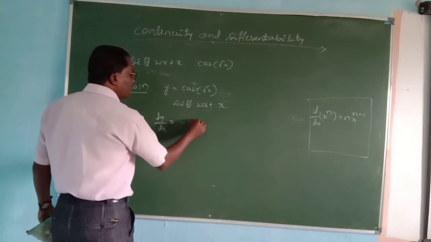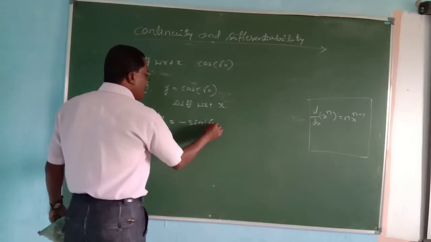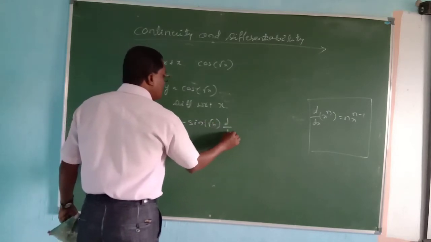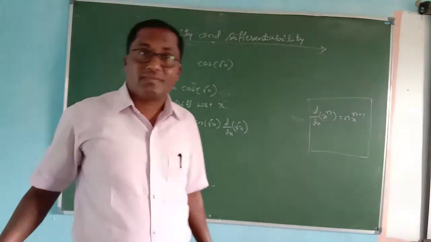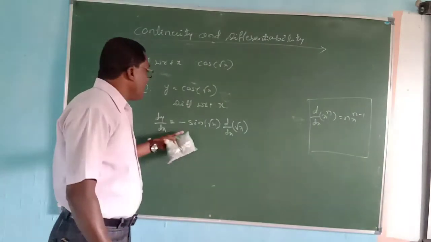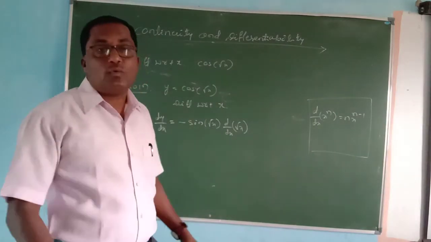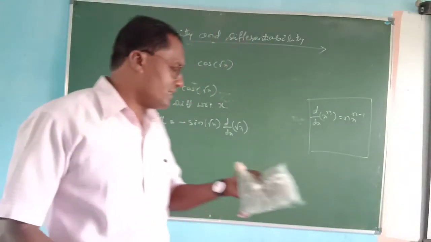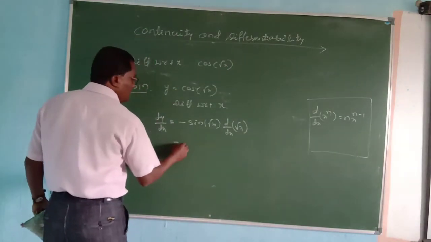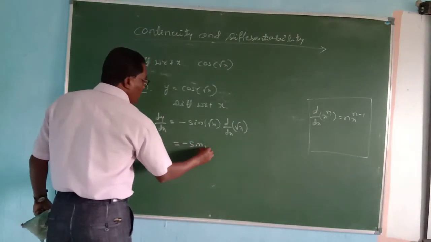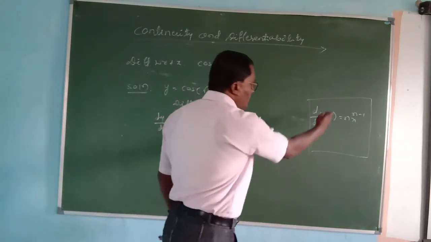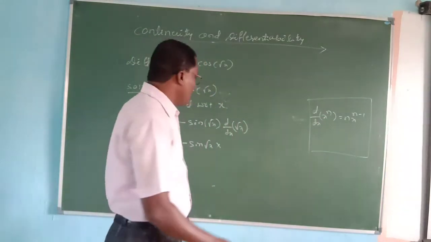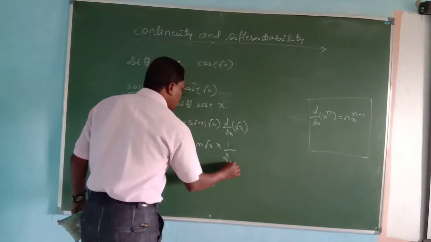Minus sine of root x into differentiation of root x. Simple ways. So that is equals minus sine of root x into what is differentiation of root x? You use this formula, you get the answer, no doubt. So 1 divided by 2 root x.